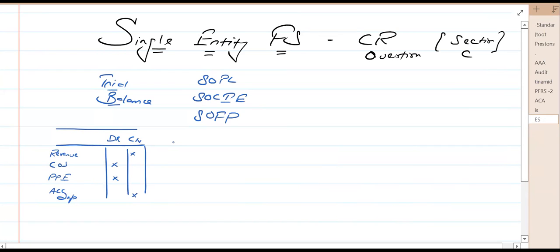So there will be a trial balance, including taxation, inventory, financial instruments. There will be so many things within that. So the trial balance will be given in the exam, and you are supposed to make the statement of profit or loss, statement of changes in equity, statement of financial position.